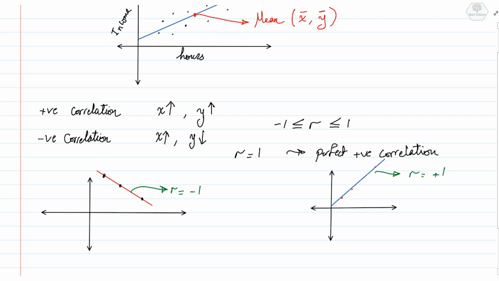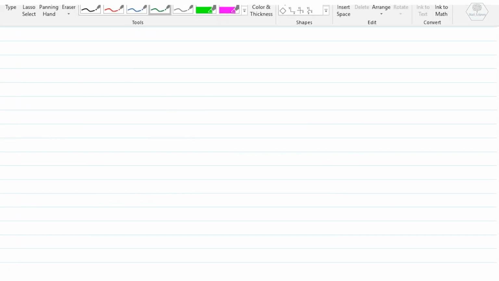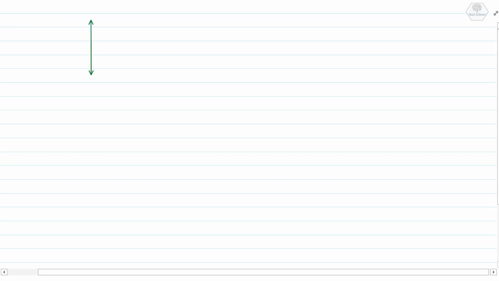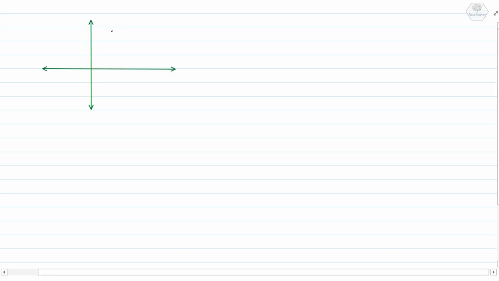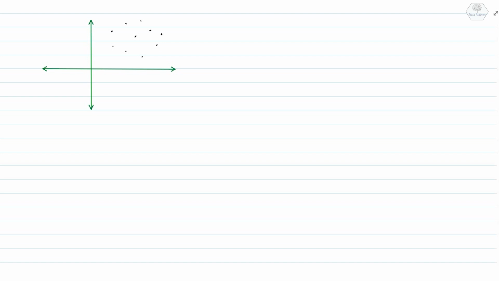Let's explain how the values of r change and how I can know what my value of r is. Let's draw many samples. Let's say my points are this way. I have to divide this area into 4 quadrants.